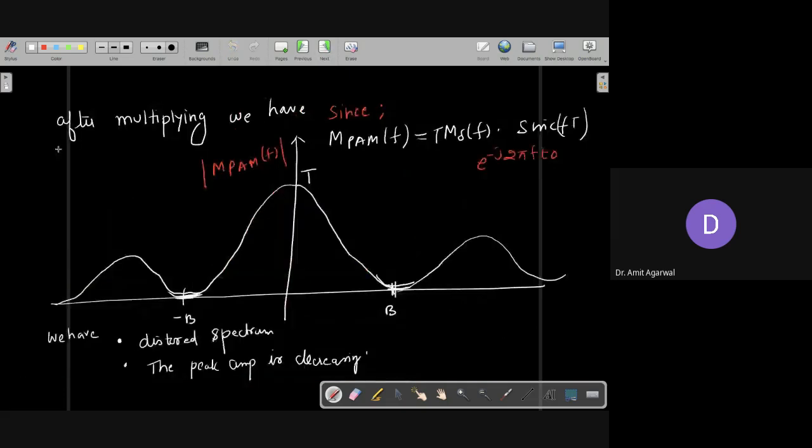So pictorially, if you see your PAM signal, the magnitude of your PAM signal would look like this: T M delta f sinc(f T). Because this is your PAM signal and we are only taking magnitude, so it will be like this. So this would be the spectrum of your PAM signal. This is distorted, right?